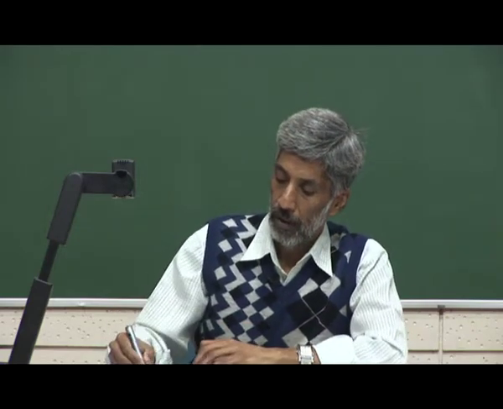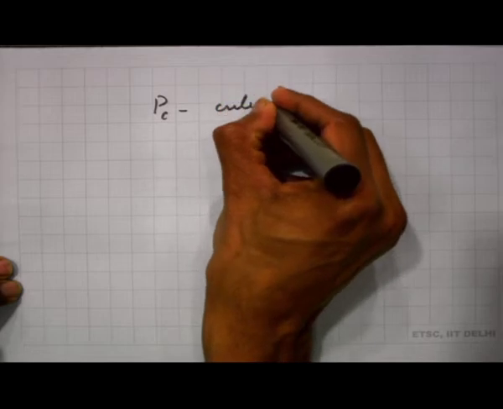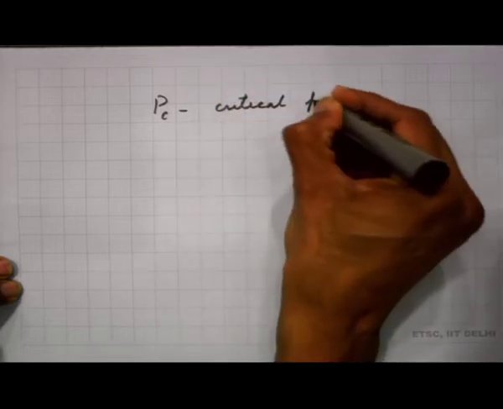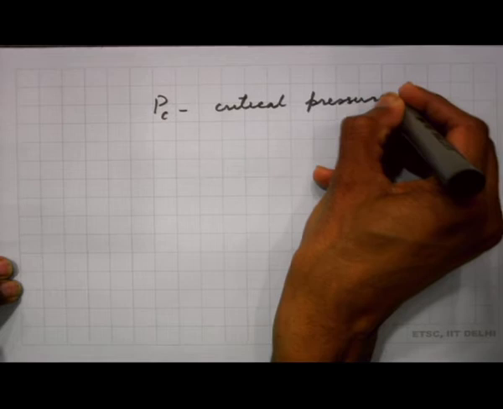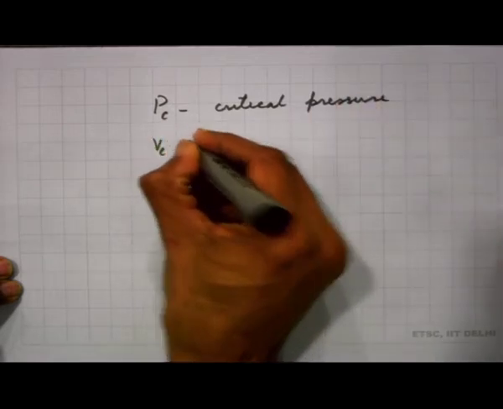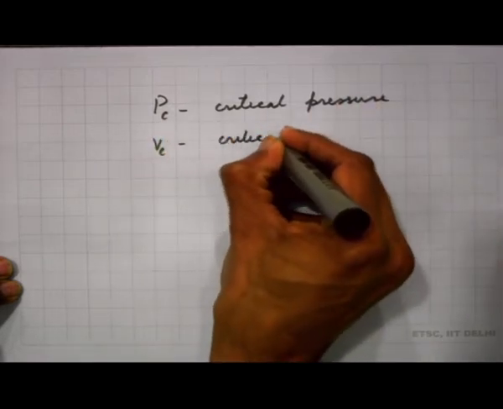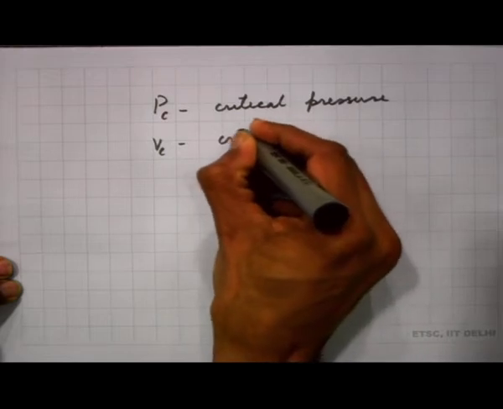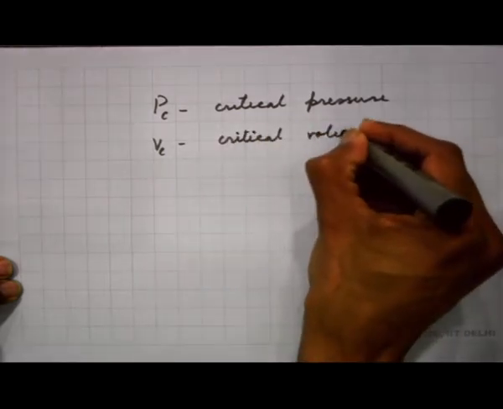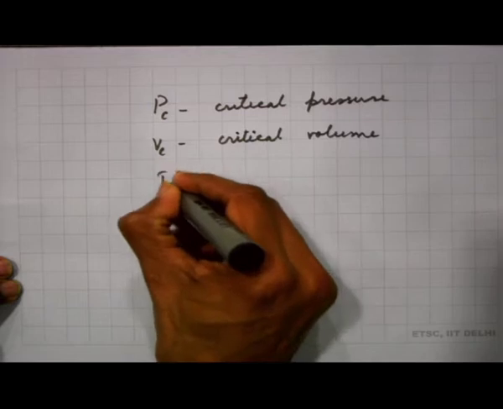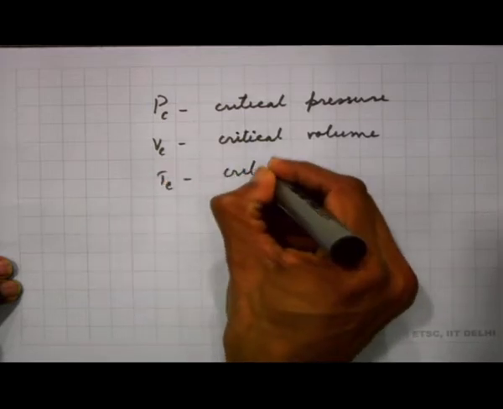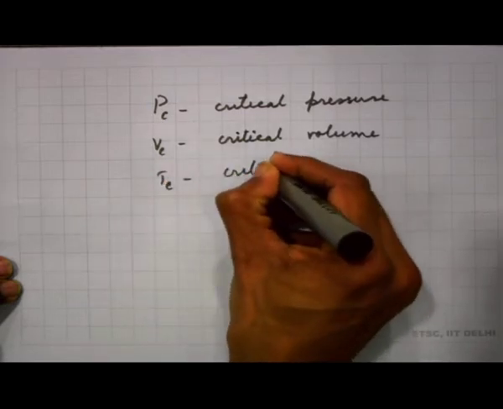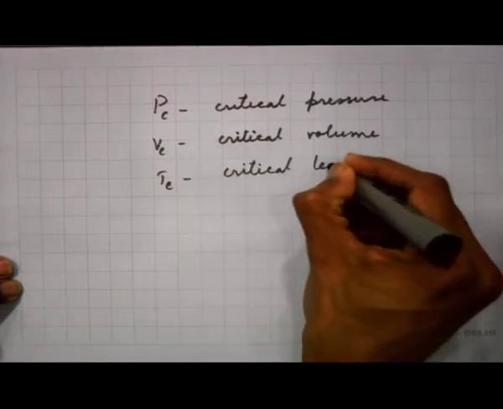We are saying that for every gas there is a P C the critical pressure, Vc the critical volume, and Tc a critical temperature.